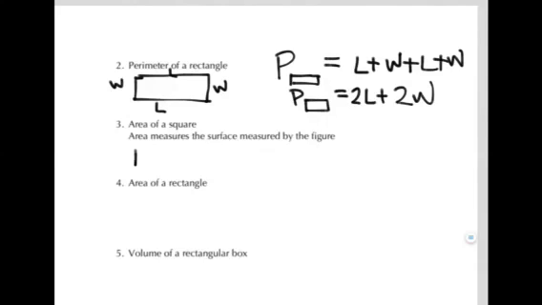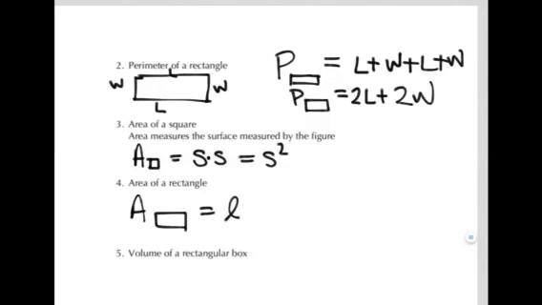Area of a square. And again, you probably remember some of these. The area of a square is side times side, or side squared. Area of a rectangle, I again suspect you remember this. It's length times width. Volume of a rectangular box. So I'm just drawing a little box for you.